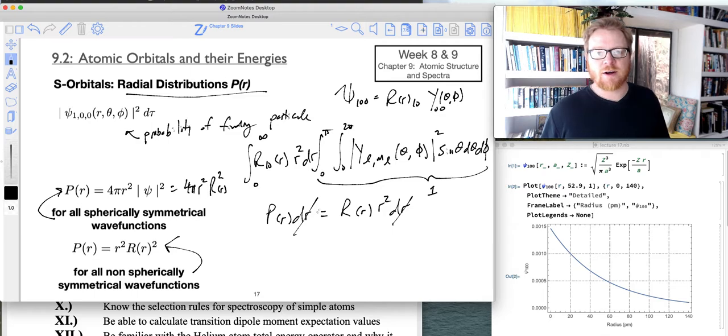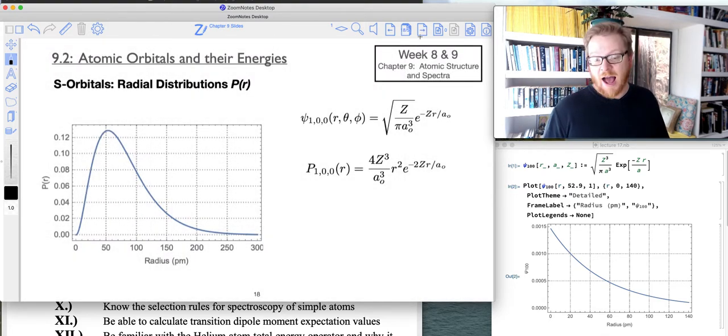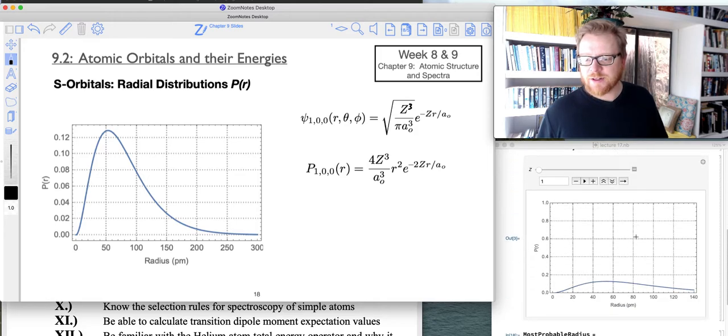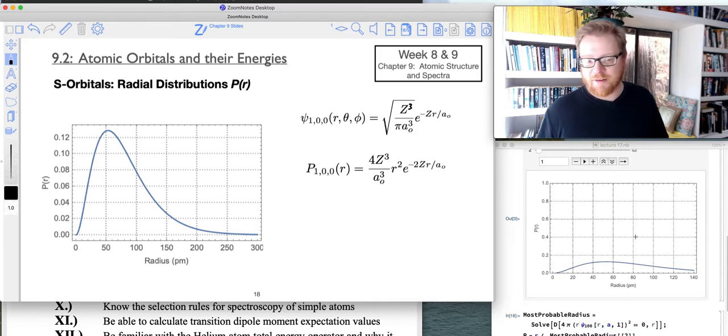Let's see here. So here I've got it plotted out. And then remember that's z cubed. And so I've also got that in my Mathematica file right here, and I've got that in a Manipulate, so I can change the charge. Remember, z equals +1 for hydrogen.